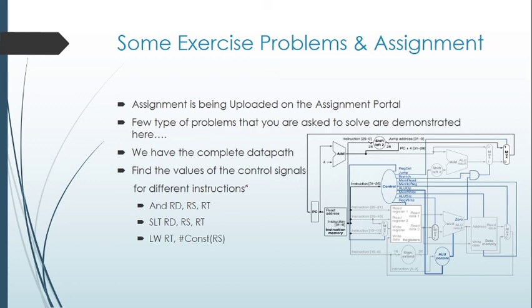One type of problem is to find the values of the control signals for different instructions. For example, you are asked to get the values of different control signals for each of these instructions. These are the simplest type of problems.